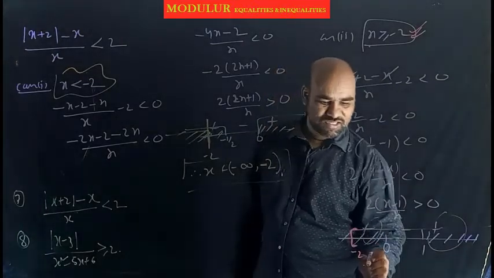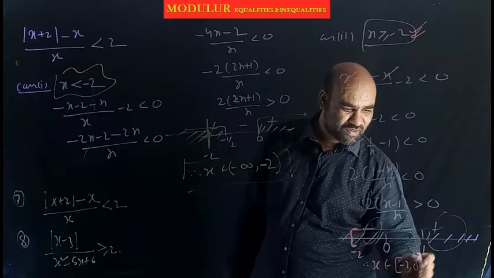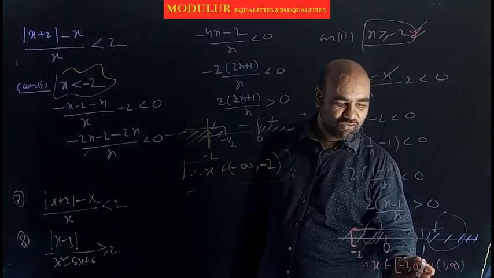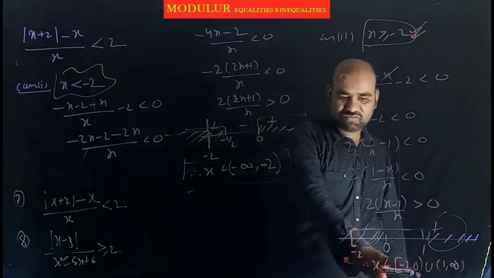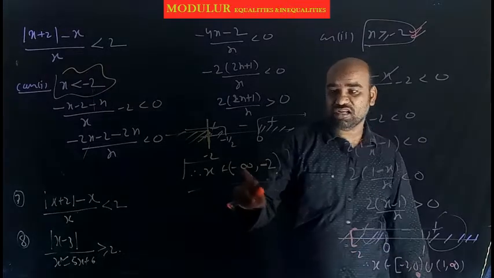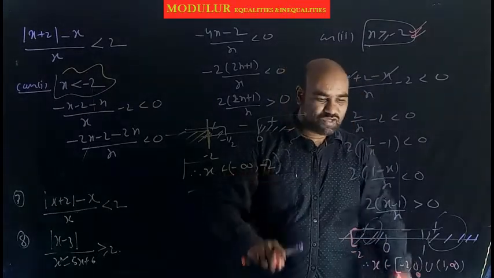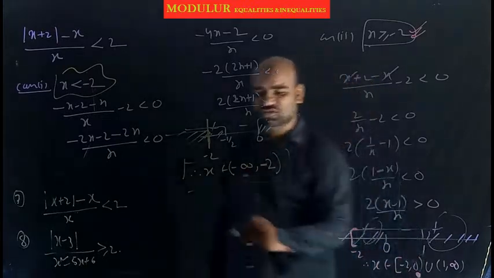Therefore I can say that x belongs to closed minus 2 to 0 open, union open 1 to infinity. Now I want to find the union of these two. Minus infinity to minus 2, minus 2 to 0. Directly minus infinity to 0 you can say now. Minus infinity to minus 2 union this gives minus infinity to 0. Union 1 to infinity.